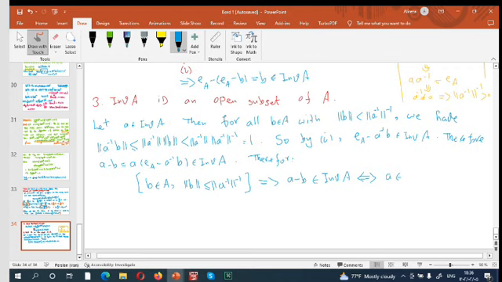Okay, A minus B is an element of this set, so that B is an element of A minus this set. Okay.